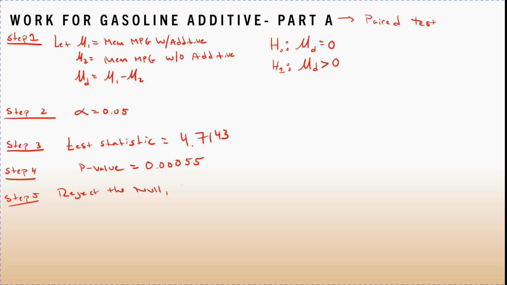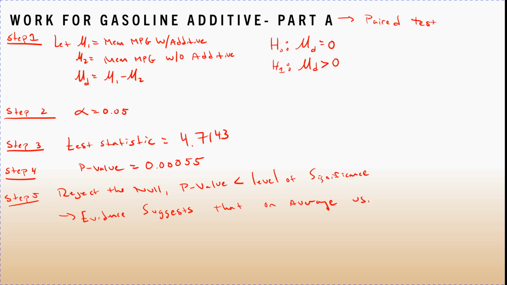So step 5, our conclusion is we reject the null. This is because the p-value is less than the level of significance. The evidence suggests that on average, using the additive improves miles per gallon.